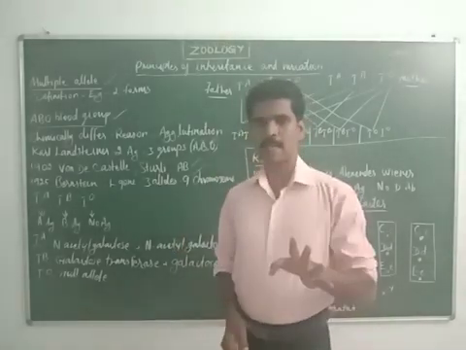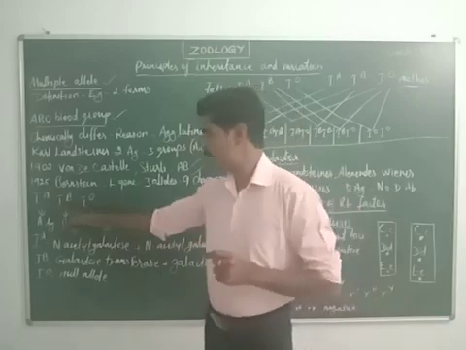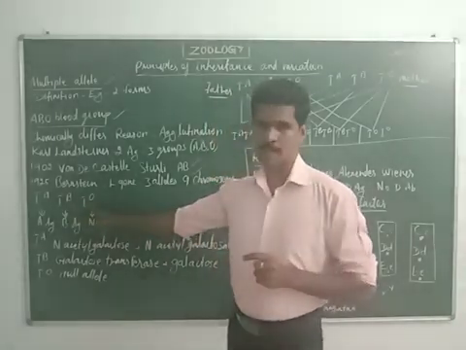So there are three alleles responsible for determining our blood group: IA allele, IB allele, and IO allele.